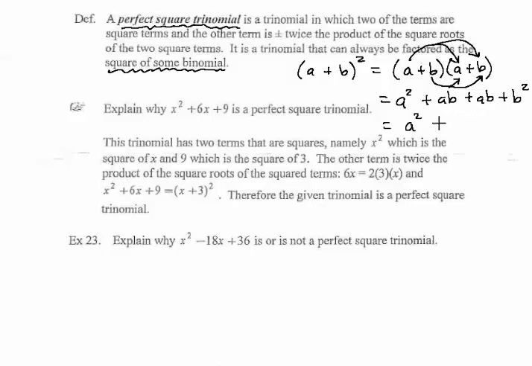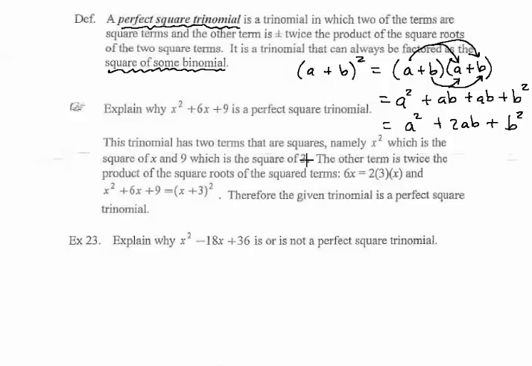This middle term repeats, and we have 2ab. And then the first and the last term are perfect square terms. Okay. So we reduced it to 3 terms, and we know this is a perfect square trinomial because we created it by squaring a binomial.